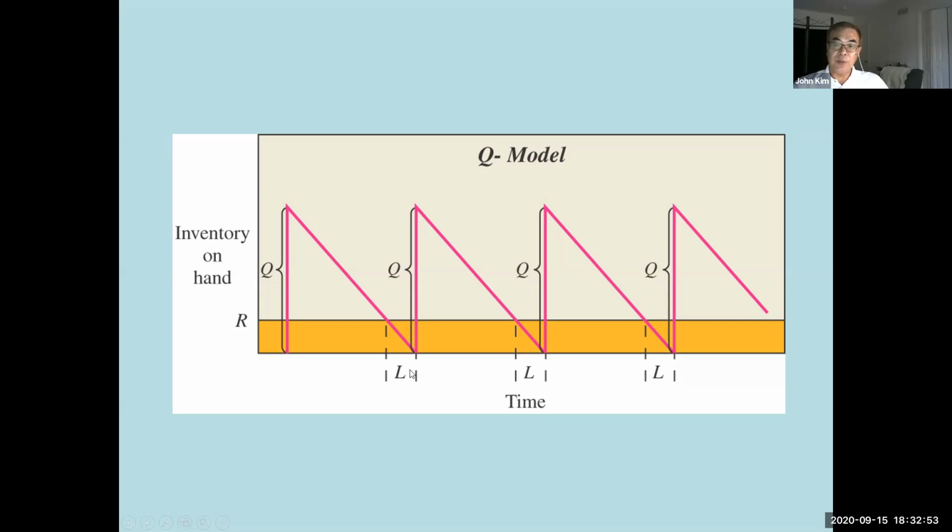So place the order this early. When the inventory level hits this point R, reorder point, it triggers the placing of the order. So R, reorder point, is the event. So this model is an event triggered model.